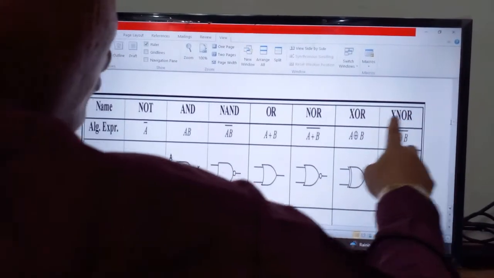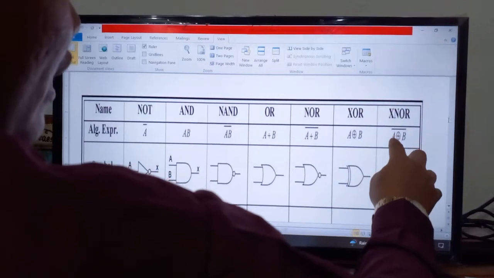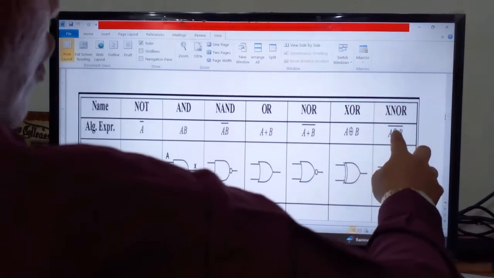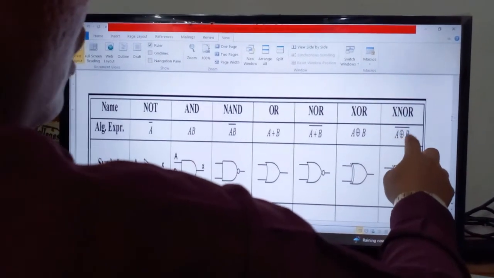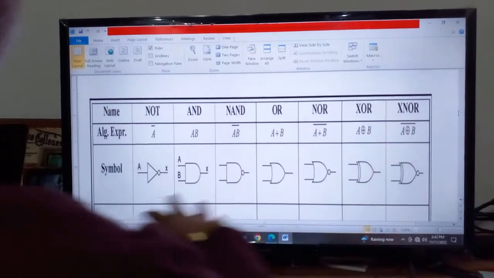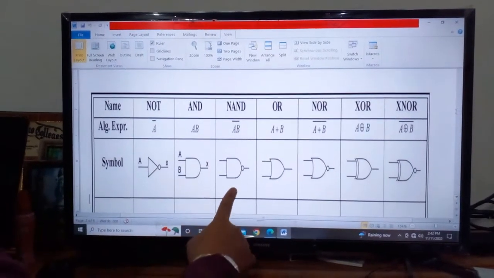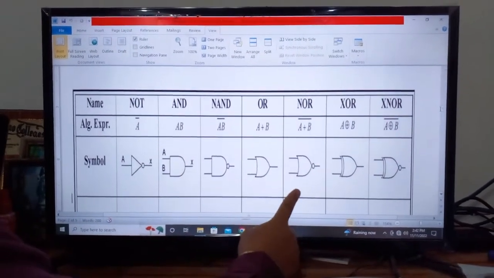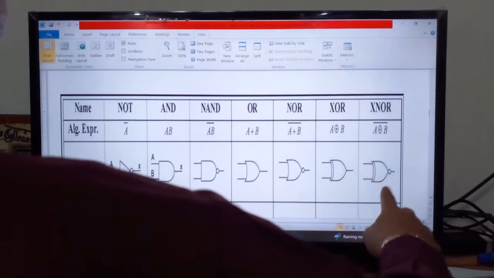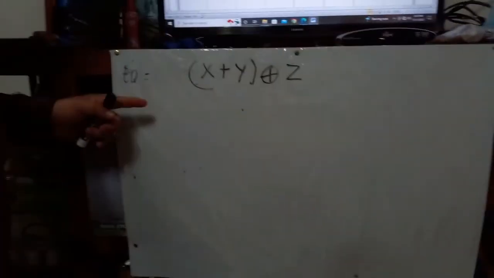And the XNOR, so meaning not XOR, so meaning A with your symbol, with circle in addition, B, naay bar sa ibabaw, so not. So sa imong symbol pod sa NOT, AND, NAND, OR, NOR, XOR and XNOR. So example ta, we have an example of this.